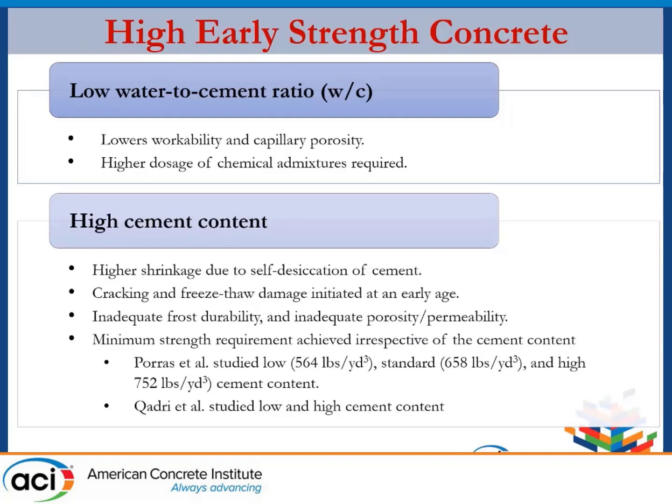While for high cement content, a higher shrinkage is observed due to self-desiccation of concrete. This was due to the high heat of hydration associated with the high cement content.